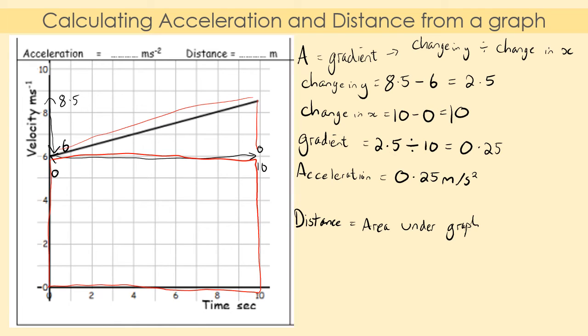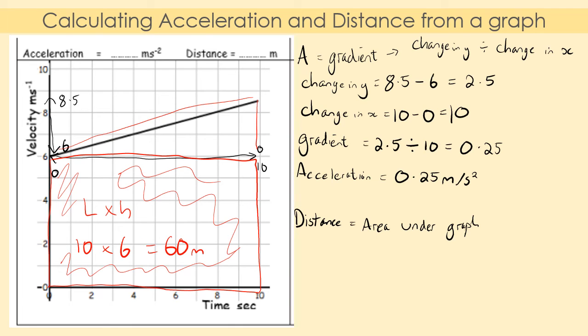Our rectangle's area is the length times the height. Our length goes from 0 to 10, so 10, and our height goes from 0 up to 6, which equals 60 meters. So that is my area in this rectangle part.